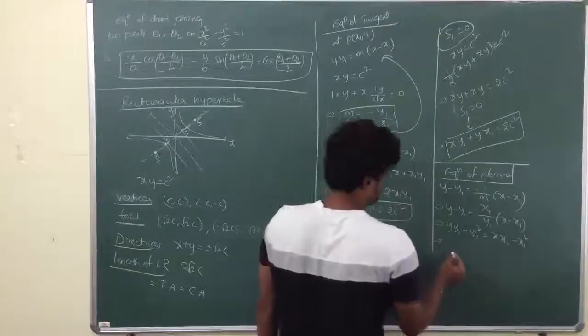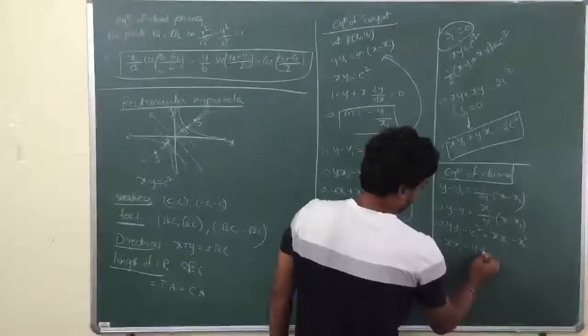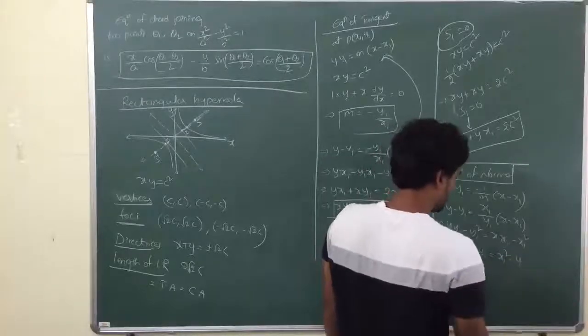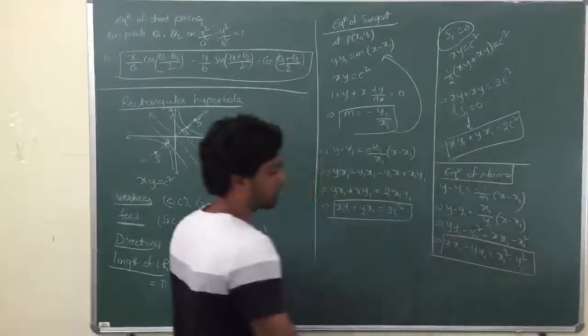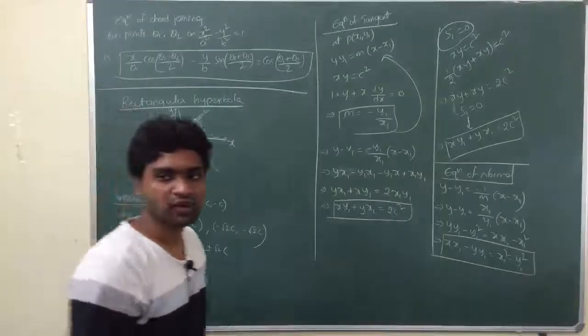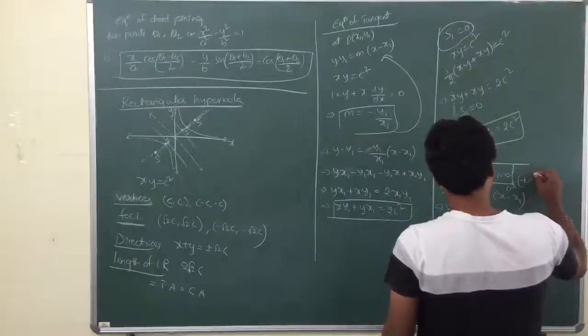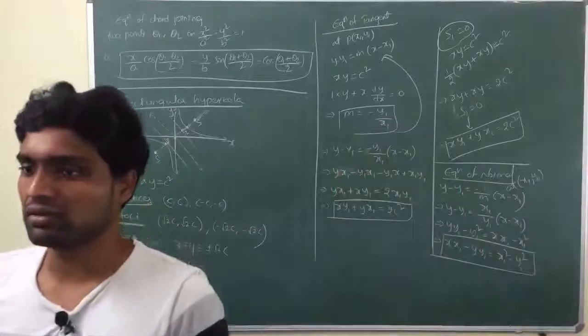So x x1 minus y y1 is equal to x1 square minus y1 square. This is the equation of normal at x1 comma y1.